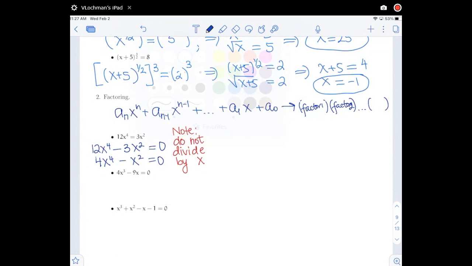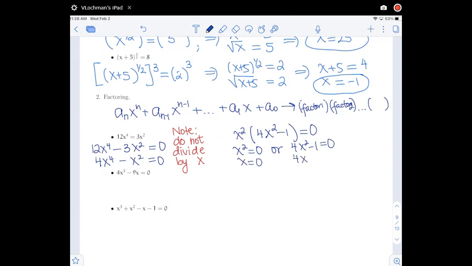Okay, so what do we have here? We have a common factor of x squared. Once we pull this out, we're going to get 4x squared minus 1 is equal to 0. From here, either x squared is equal to 0 or 4x squared minus 1 is equal to 0. These are easy to solve. x is equal to 0.